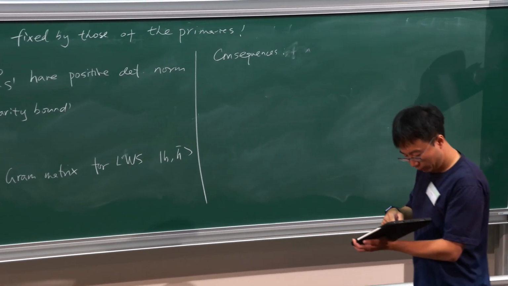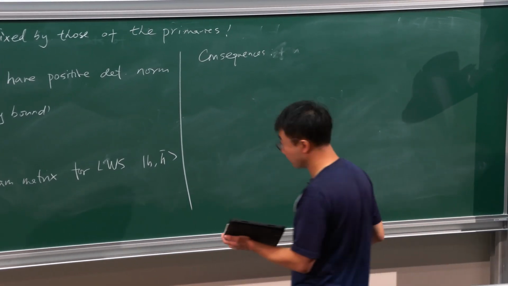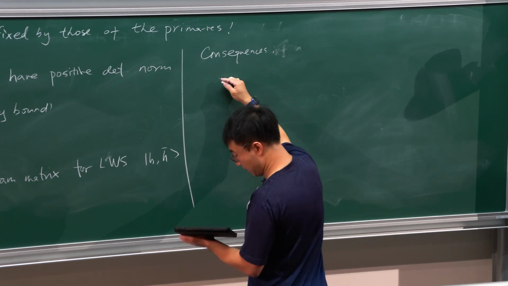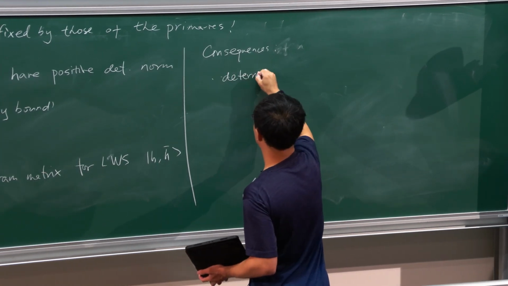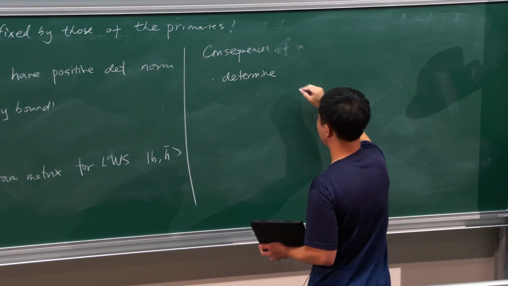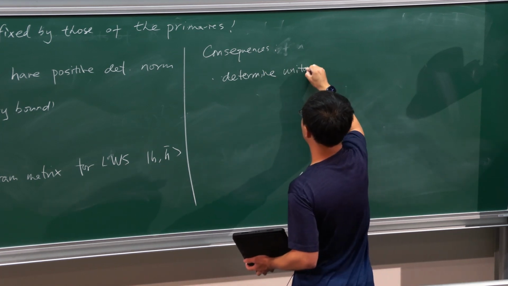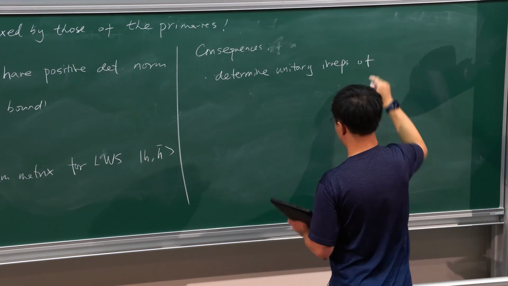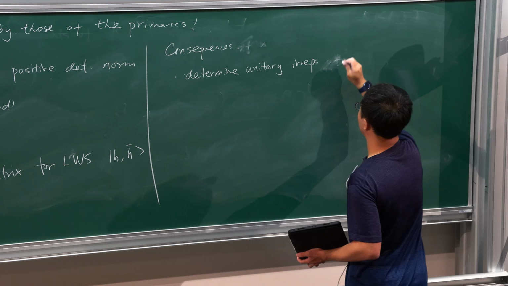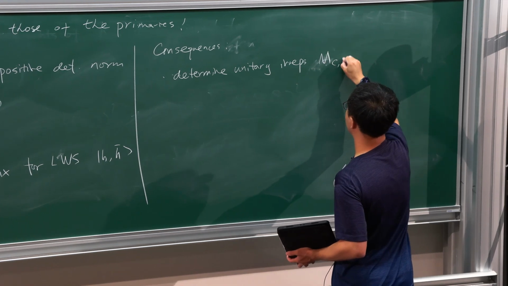So just to highlight a few consequences, you find, first of all, you can determine completely the unitary irreducible representations of the Virasoro algebra, which I'll denote by M(c,h).